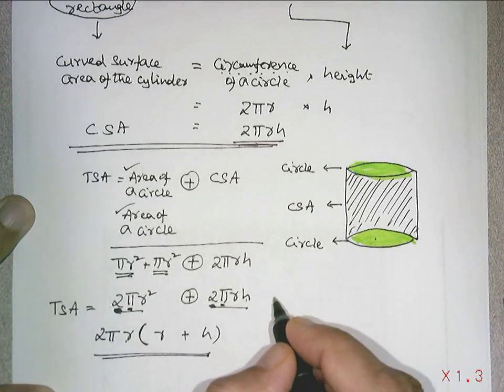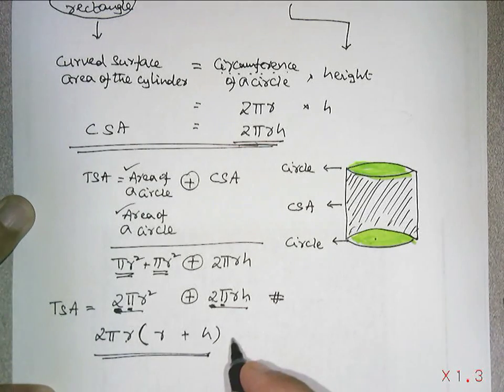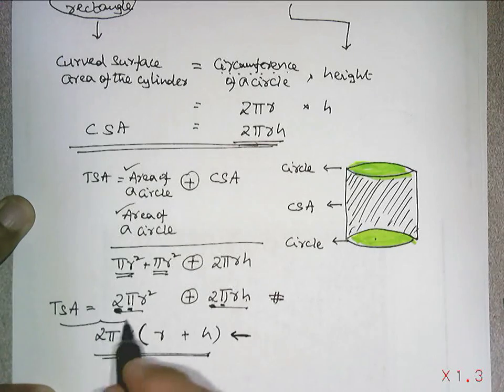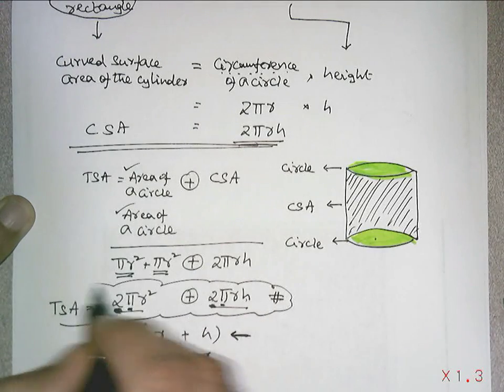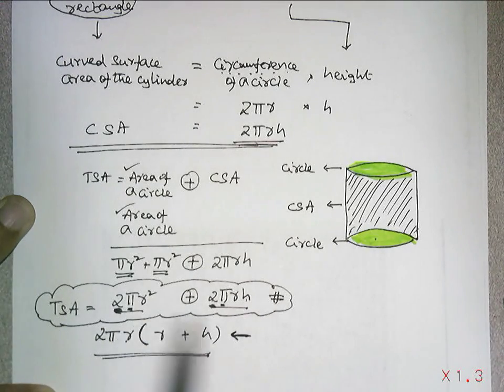There is nothing wrong if you can't memorize this particular rule. You can take that TSA is equal to 2 pi r square plus 2 pi r h. Usually I close my eyes and think of the cylinder.